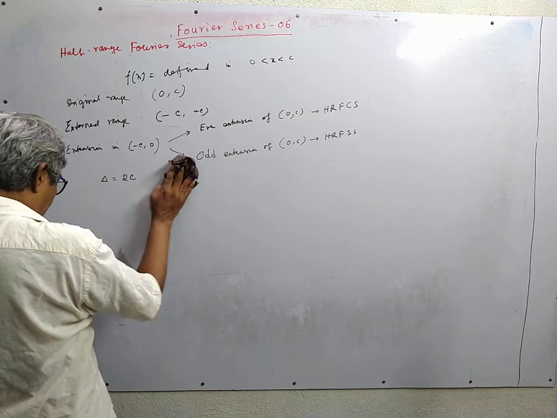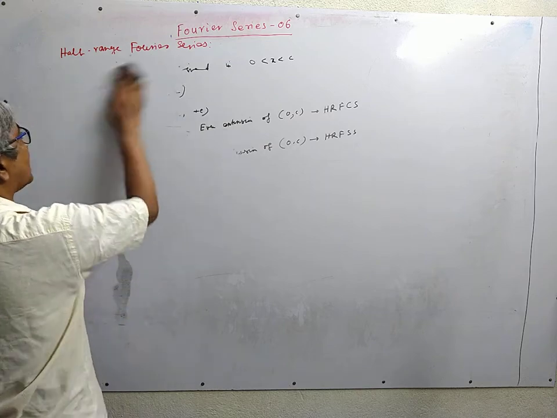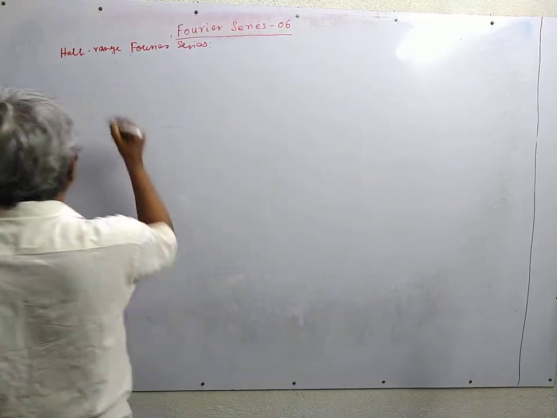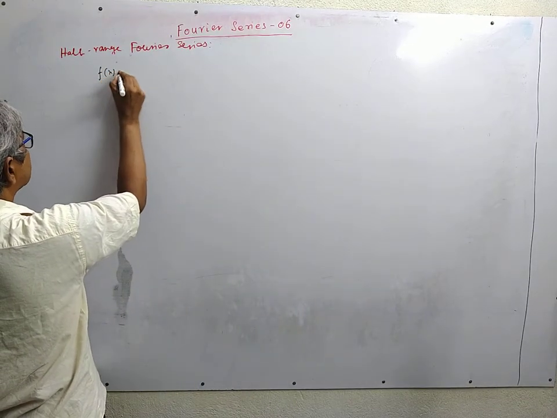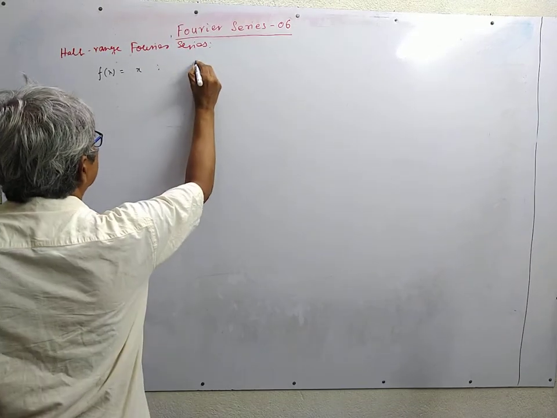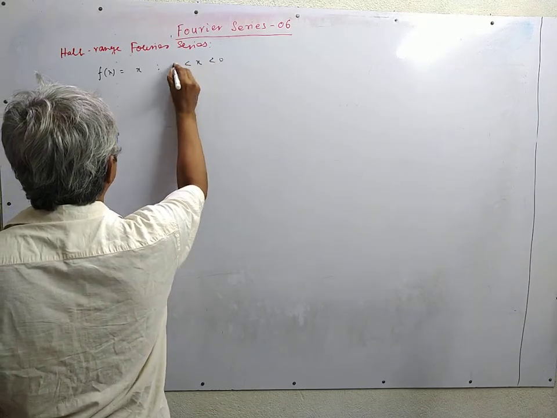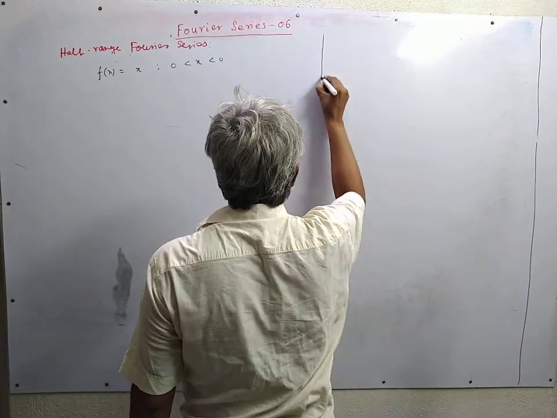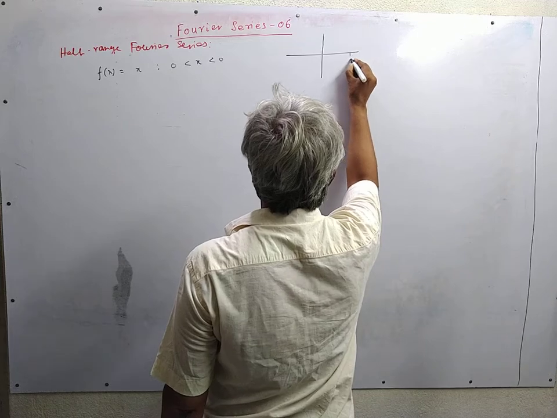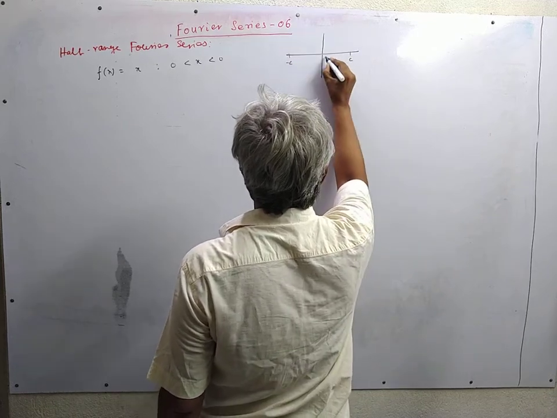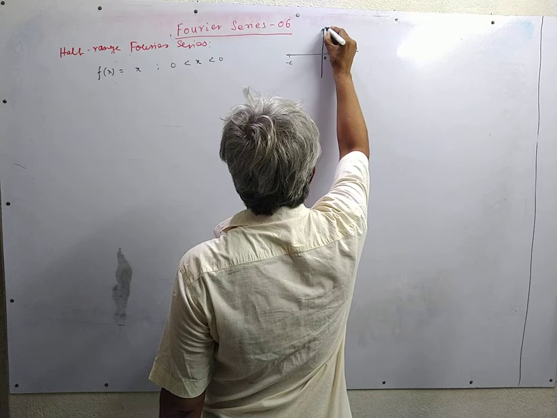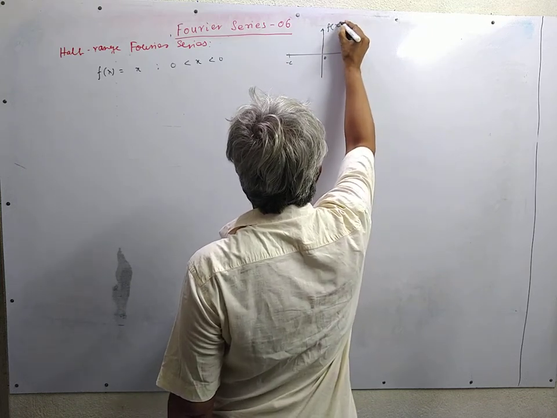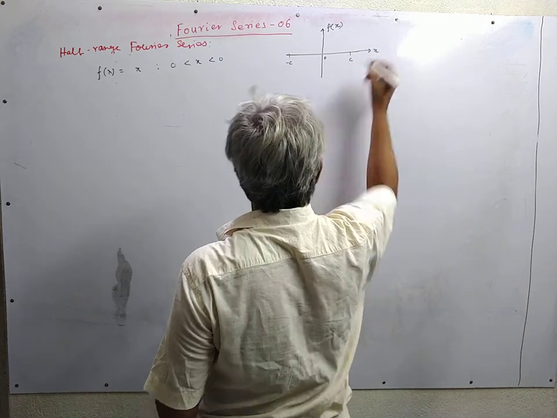To make the concept clear, we consider an example: the function f of x is equal to x, defined in the interval 0 to c. So the original function is this. This is c, this is minus c, this is 0, this is f of x, and this is the x-axis.